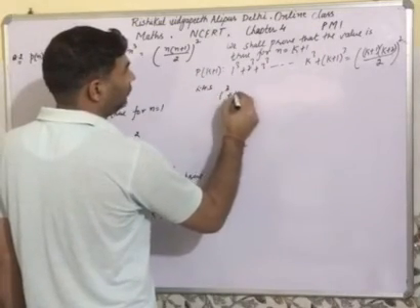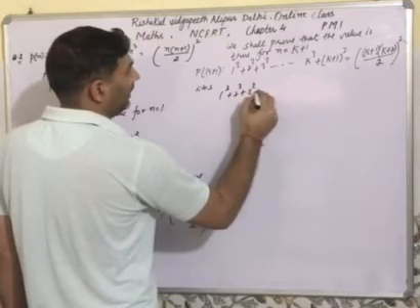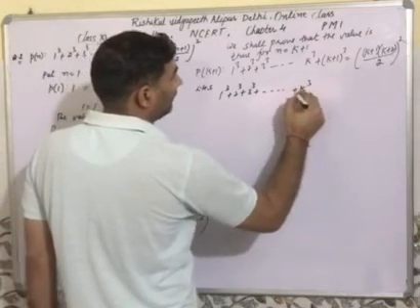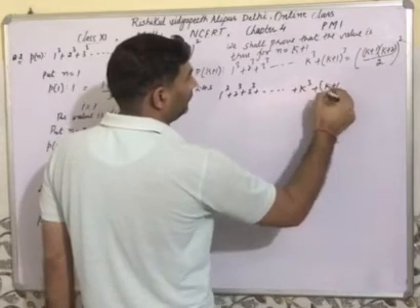1 cube plus 2 cube plus 3 cube and so on up to k cube and plus k plus 1 whole cube.